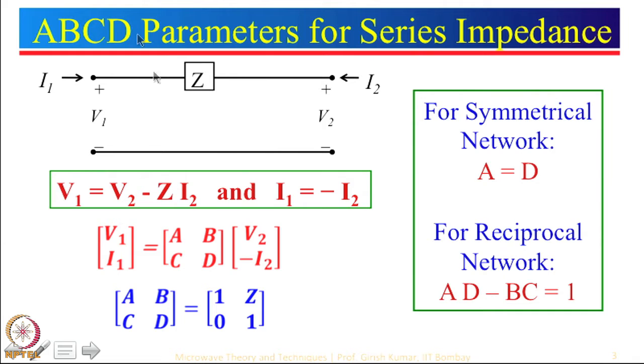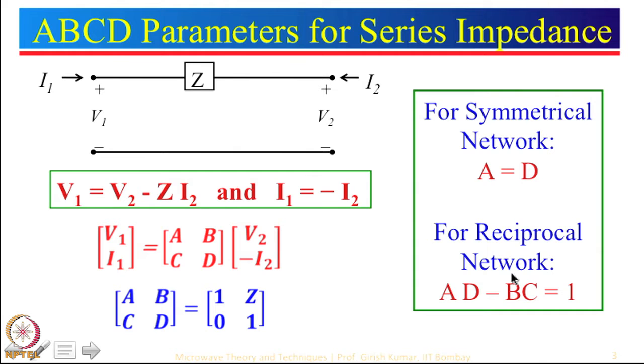A few properties of ABCD parameters. One of the properties is that if the network is symmetrical, then A will be equal to D. As you can see, if you look from this side or from this side, the network is a symmetrical network. So, A should be equal to D. You can see that A and D are 1 and 1, so they are equal.